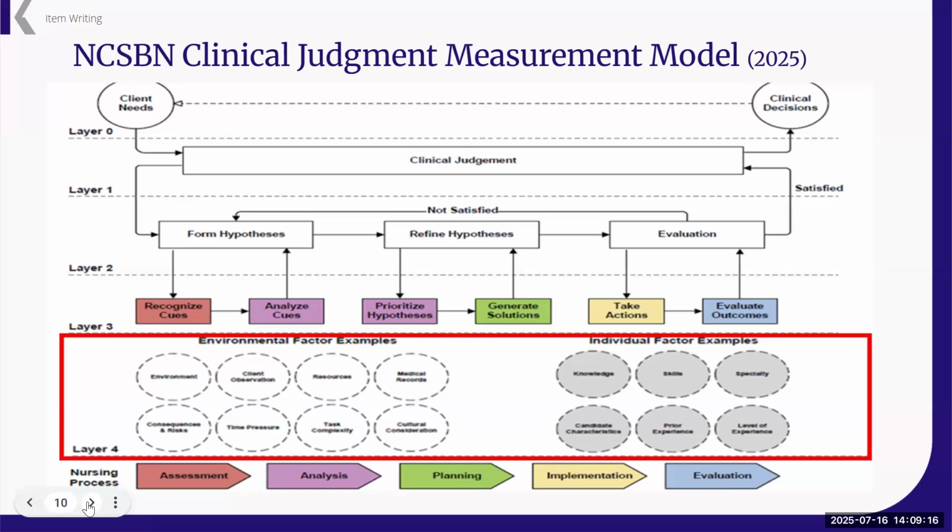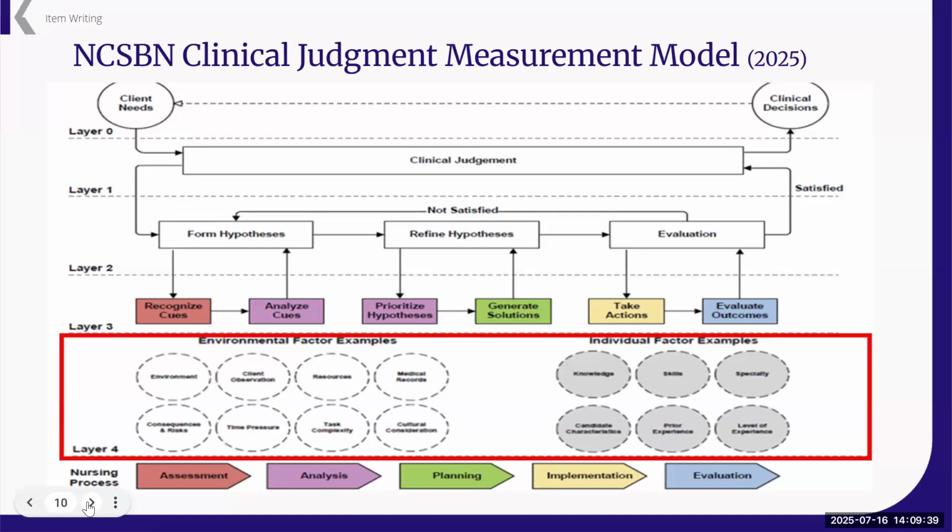These are things like the urgency of the situation, the resources available like equipment and time and staffing, any interruptions or distractions, and the culture of the workplace or the unit. These are things that can either support or challenge a nurse's ability to make sound judgments in the moment.